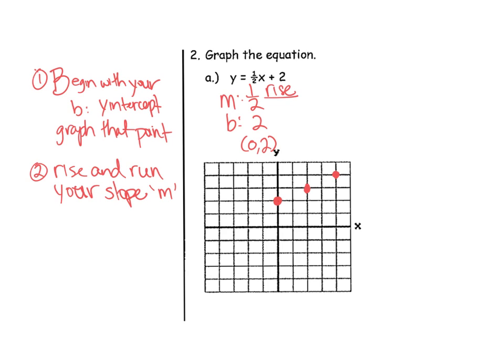It has to be in the line. So instead of going up 1 and right 2, I'm going to go down 1 and left 2. Right there. Everybody make that dot showing how you reverse it. Down 1 and left 2. Remember I have rulers. They're all over there. You can use them any time. So I connect the dots.